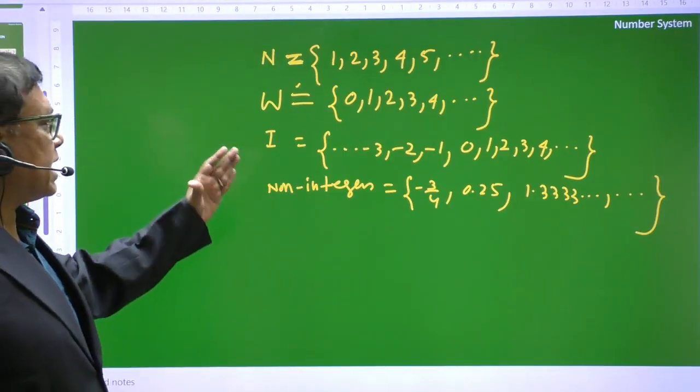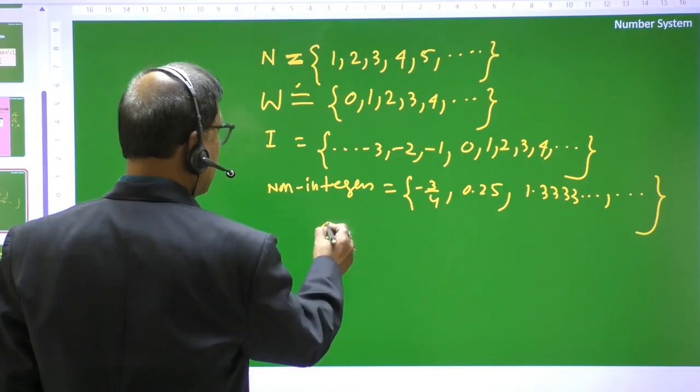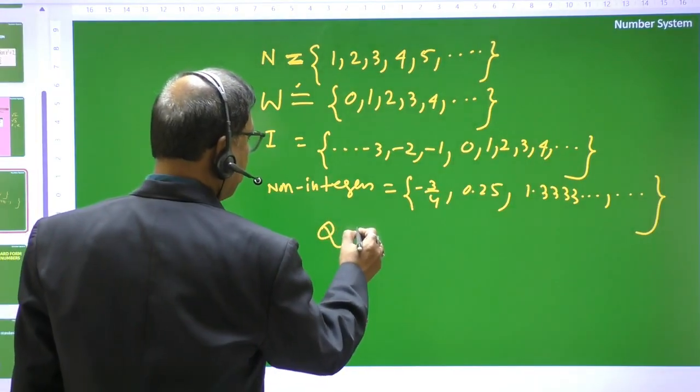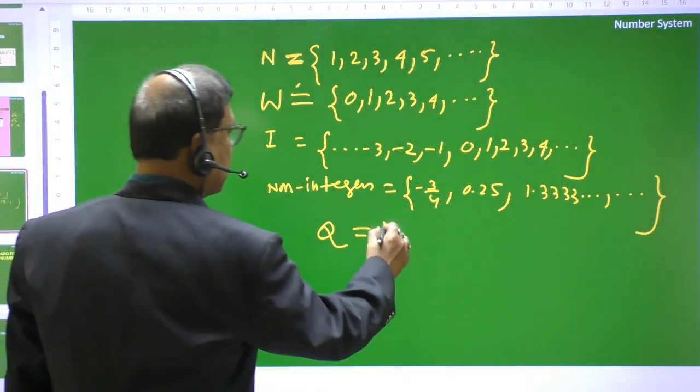So integers and non-integers, if I combine them, then we get the set or group of rational numbers. Yes, rational numbers.